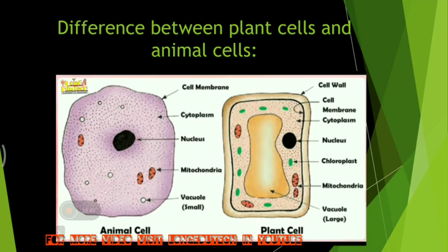Inside there are small vacuoles, the empty spaces. They are present in both plant cells and animal cells, but the plant cell has large vacuoles. Mitochondria are present in both. Animal cells do not have chloroplast or chlorophyll, but the plant cell contains the chloroplast, and only in the chloroplast does the chlorophyll come. So this is the difference between the plant cell and animal cell.